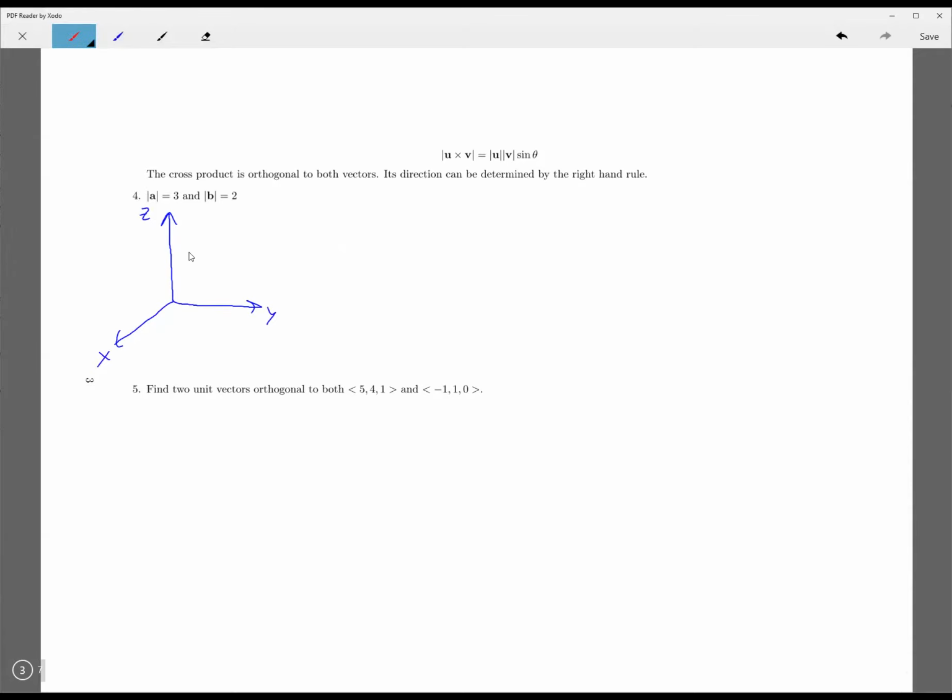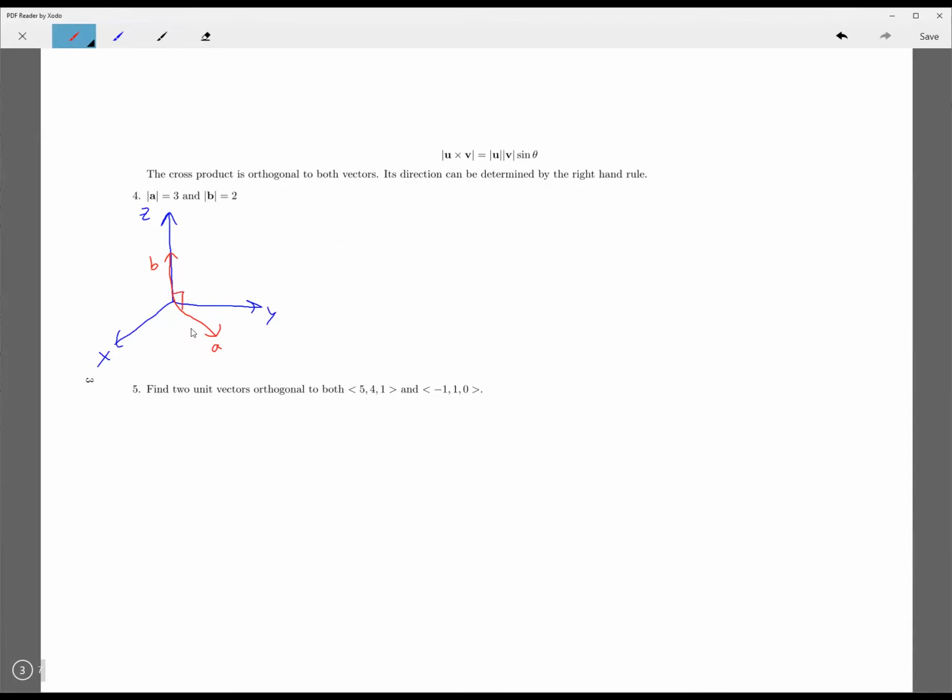And then it has B pointing straight up along here, and it has A coming out right there. It looks like A is in the XY plane. Yeah, I'm going to go and say A is in the XY plane. It says A is in the XY plane. Okay, good. And B is in the direction of K.